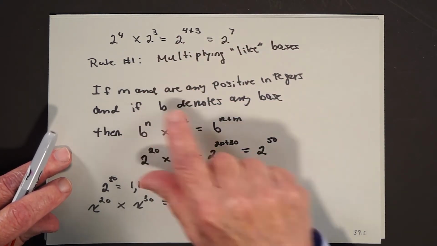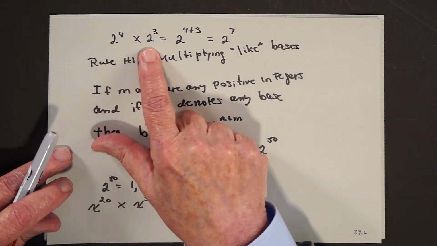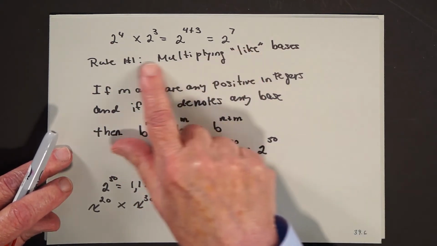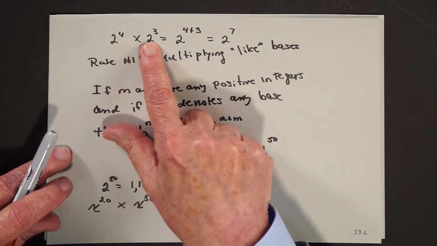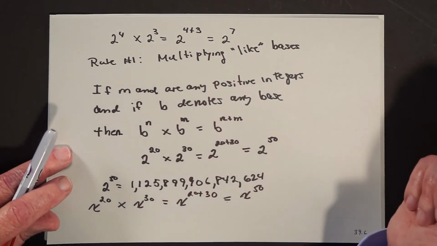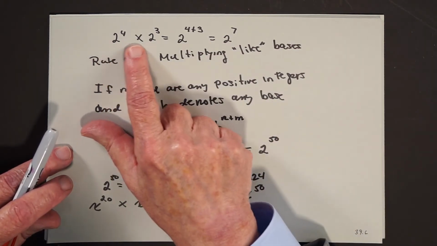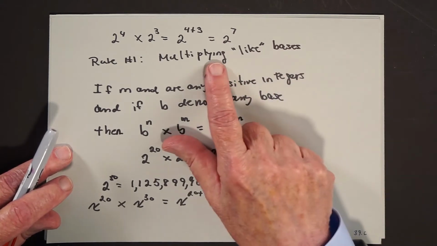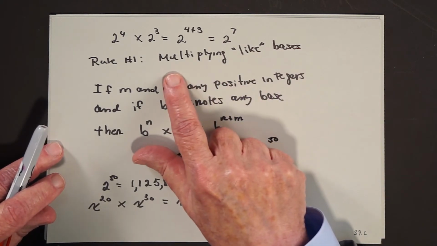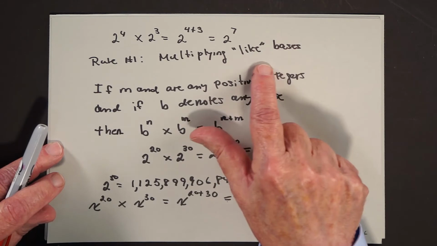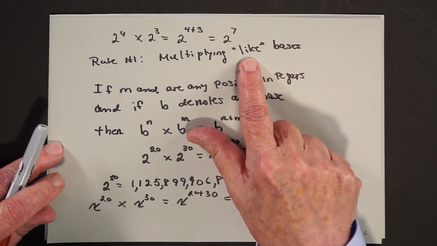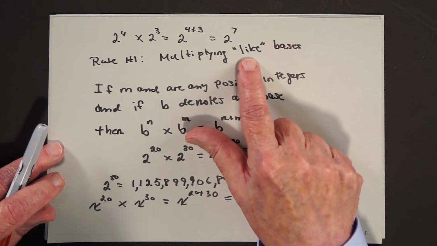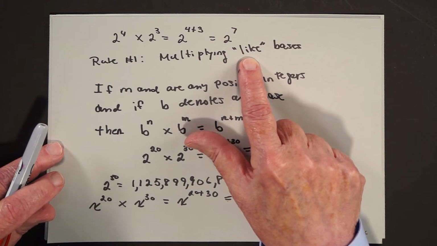So based on this, because I could have put any number in here and the same logic would have followed. If I put a 7 in here, just replace all the 2's by 7's down here, same result holds. If I put a 15 in here, same results hold. So the first property we have, the first rule for multiplying like bases. Like bases means you're multiplying 2 numbers where the bases are the same, but the exponents might be different.